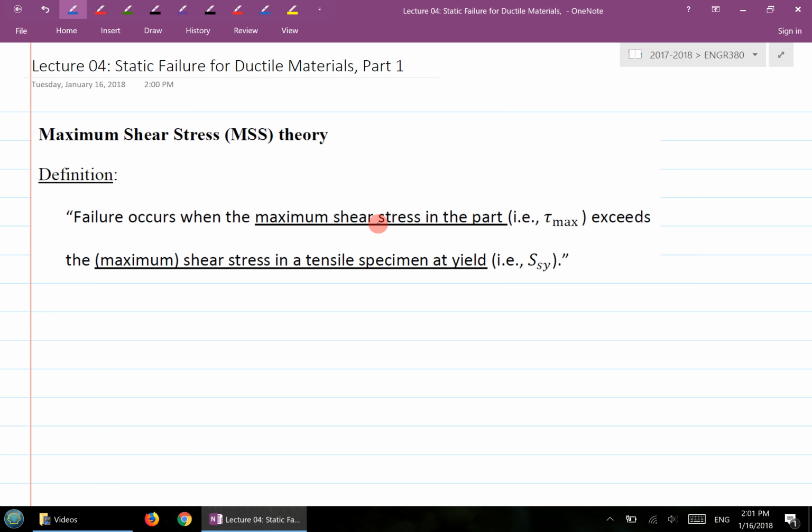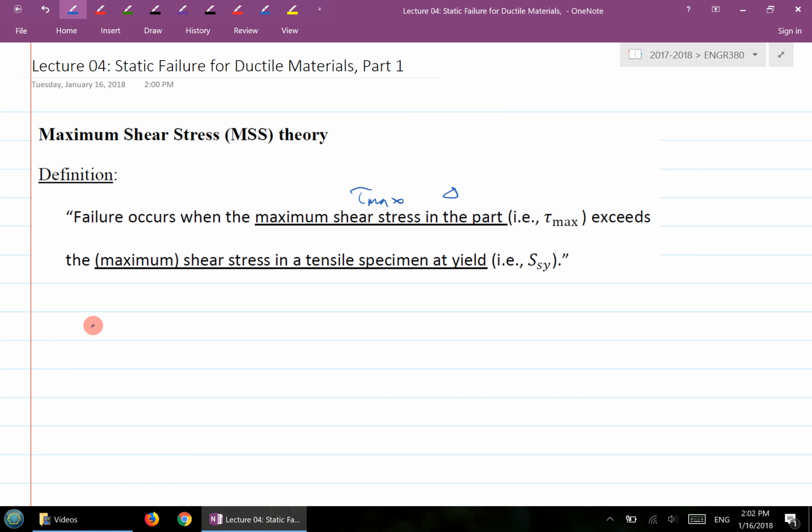This is essentially a comparison between two quantities. One is tau max, the maximum shear stress in the part, which is what we should try to find out. The other is a strength value, the shear stress in the tensile specimen at yield, the shear strength value.